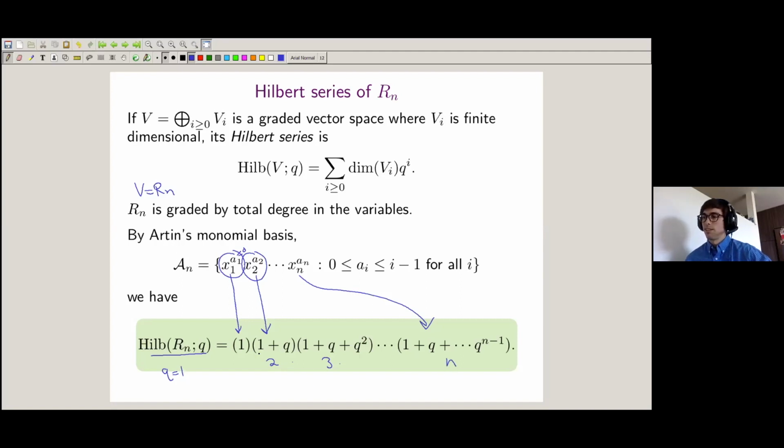For that reason, we're going to call this 1 plus q, 2 bracket sub q, the q-ified number. So the q analog of the number 2 is 1 plus q. The q analog of 3 is 1 plus q plus q squared, and so on. And we'll call this whole product the q analog of n factorial.